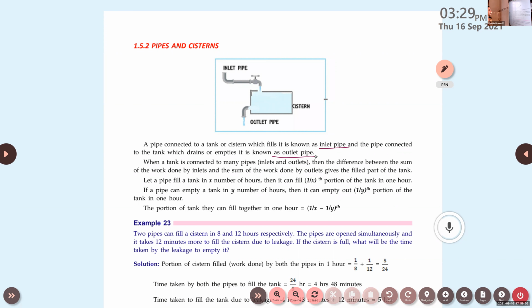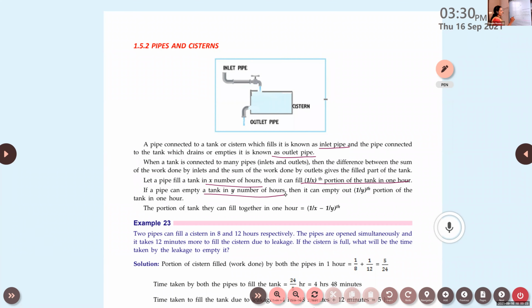So when a tank is connected to many pipes, the difference between the sum of the work done by the inlets and the sum of the work done by the outlets gives the filled part of the tank. Suppose a pipe can fill it in X hours. So 1 by X is filled in 1 hour.